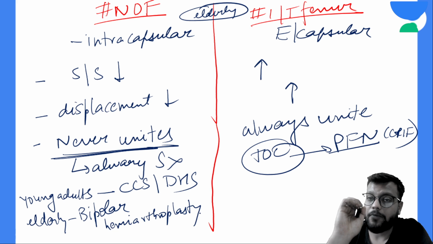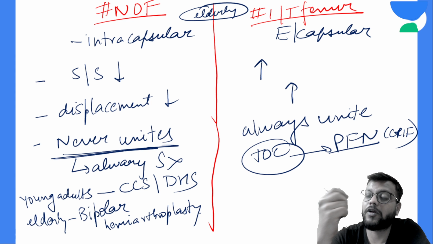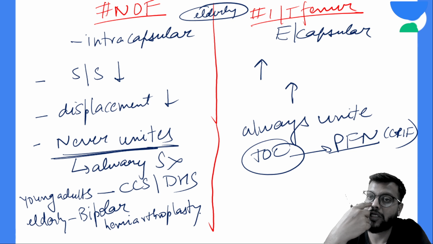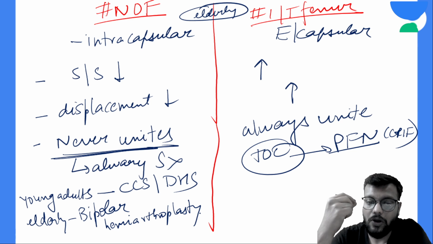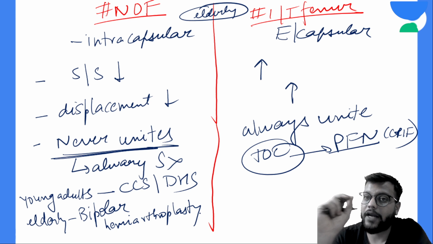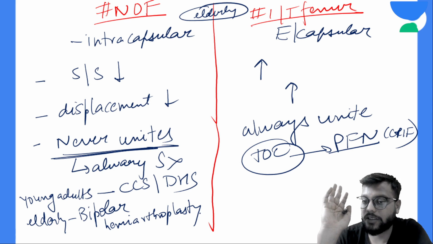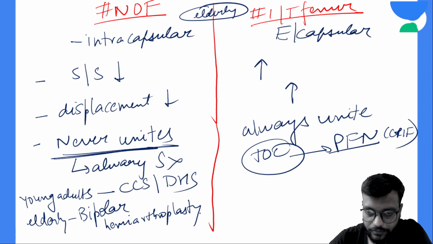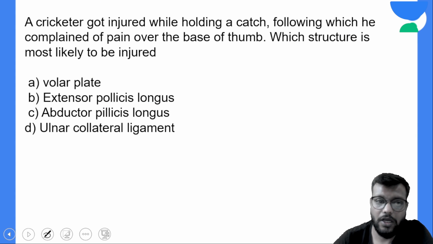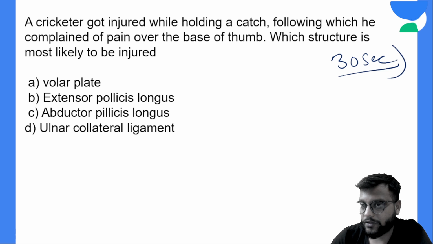In complete or total arthroplasty, the acetabulum or the acetabular cup will also be changed. There will be a prosthesis of the acetabulum also, whereas in hemiarthroplasty only the head and the neck and the stem of the femur is changed. Okay, so this was this question. Now this is your next question, so I'll give you 30 seconds, only 30 seconds for this question.